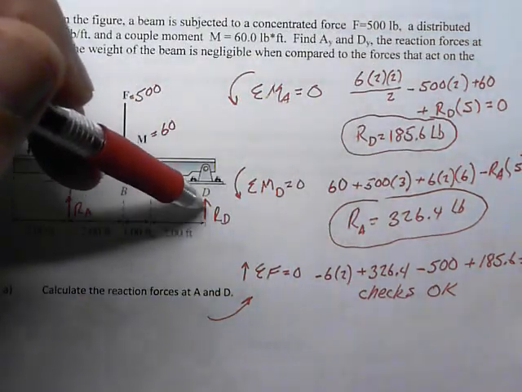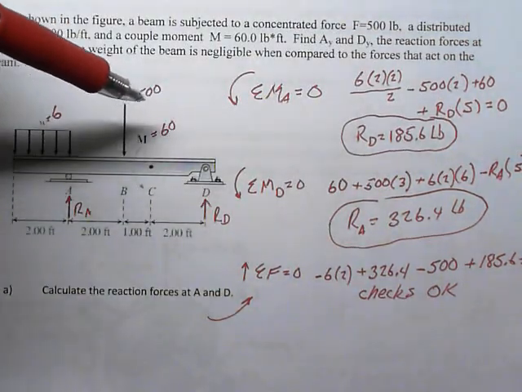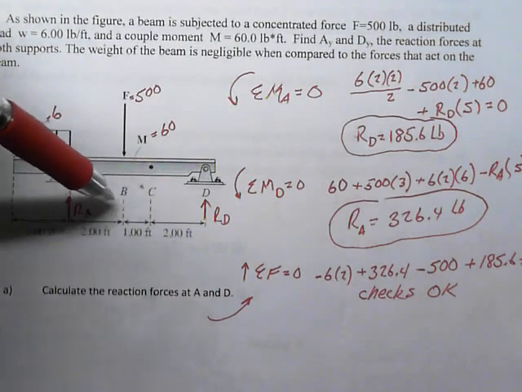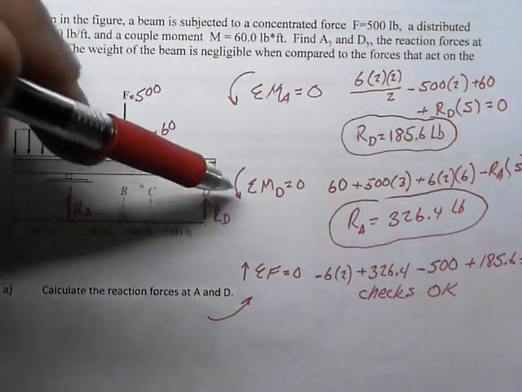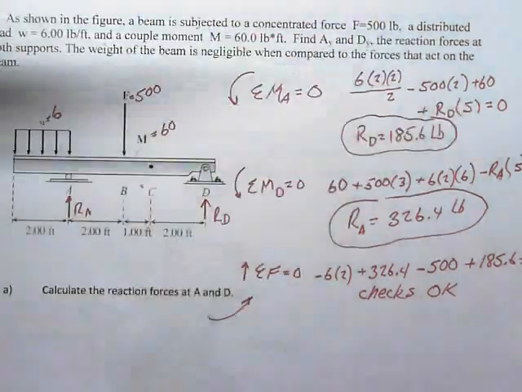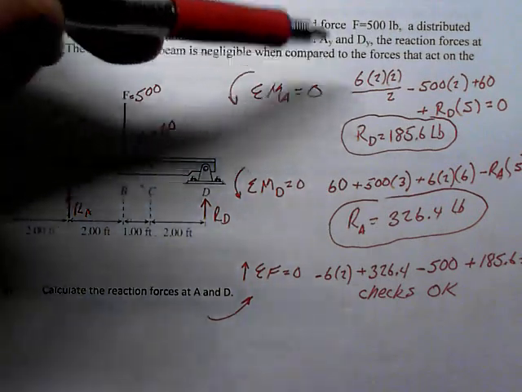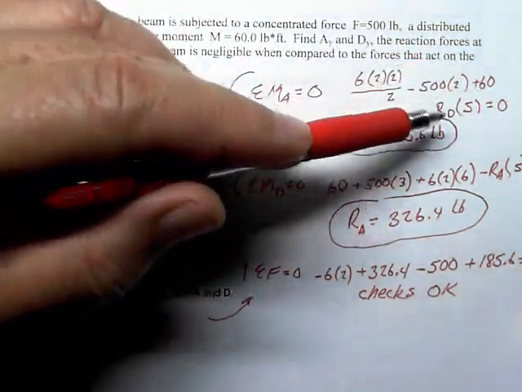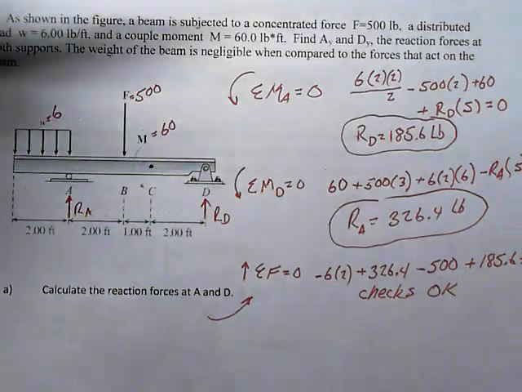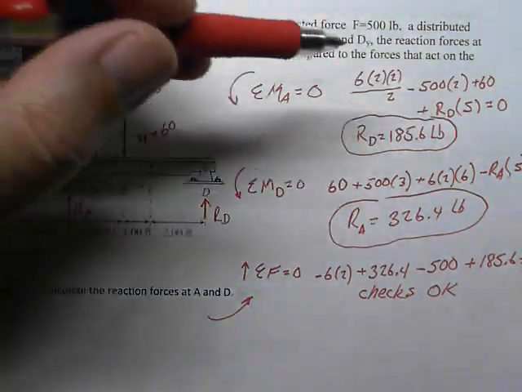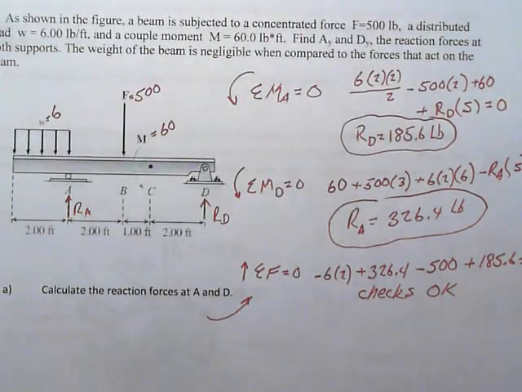Then my reaction, which I'm showing as positive right now, would cause a positive moment about point A, with that force acting through a distance of 5. And so I have one equation with R_D unknown. That's one equation, one unknown. I solve that equation for R_D and I get 185.6 pounds.